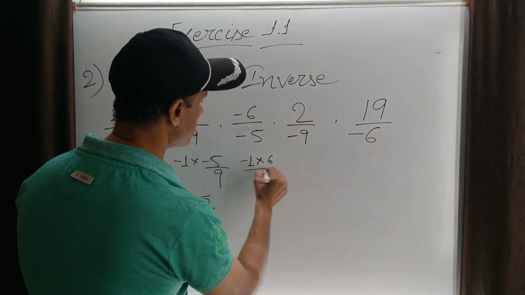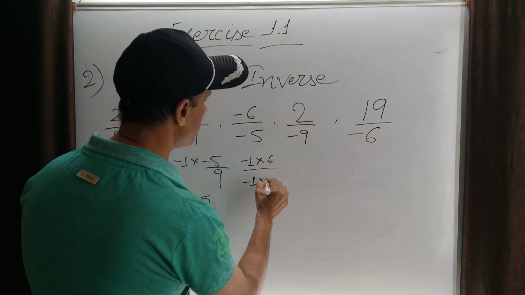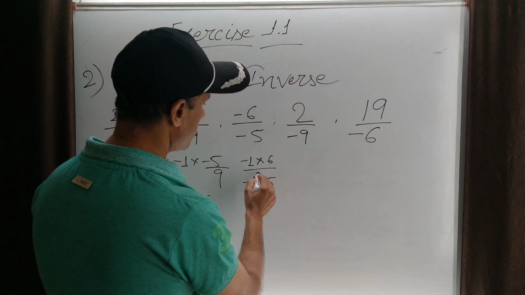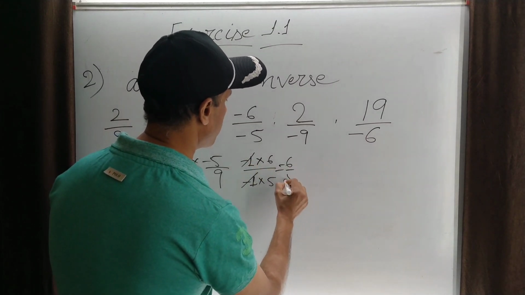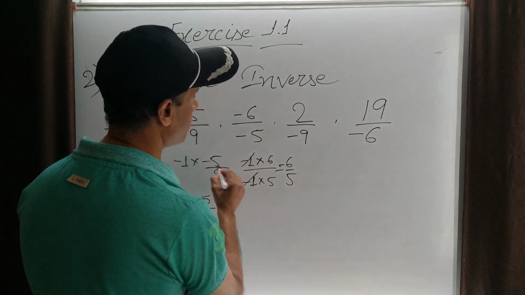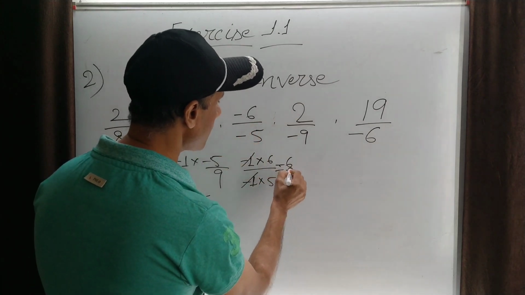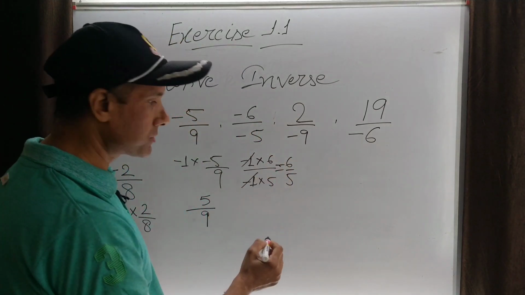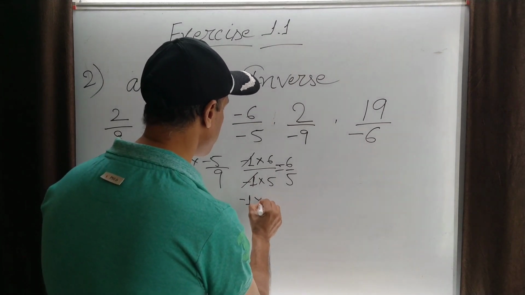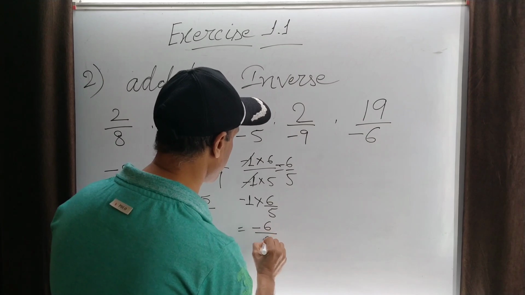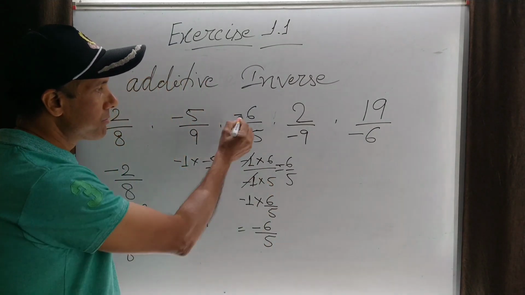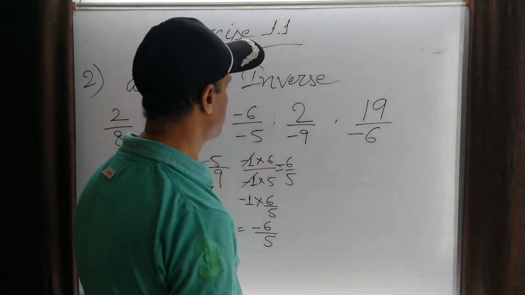You can write it like this, and here minus 1 into 5. This gets cancelled, you are left with 6 by 5. So minus 6 by minus 5 is nothing but 6 by 5. What is the additive inverse of 6 by 5? You again multiply with minus 1. So you will get minus 6 by 5 as the additive inverse of minus 6 by minus 5.